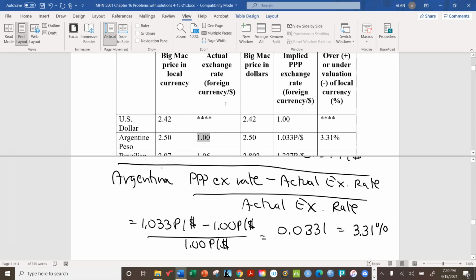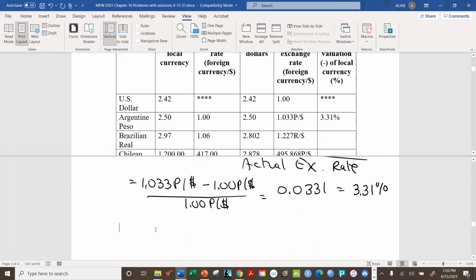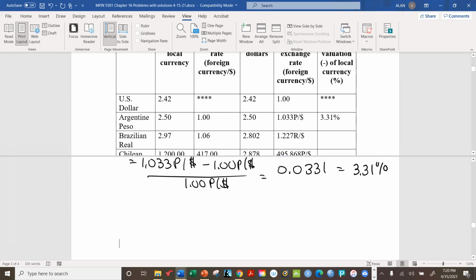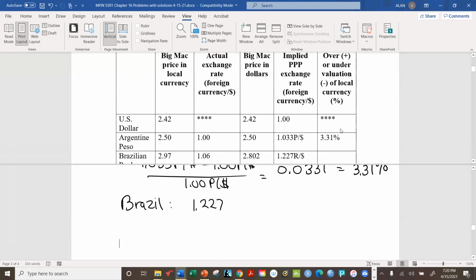All right, so we'll do the exact same thing for Brazil. All right, let's see what that works out to. So remember, what you're doing is you're taking the implied exchange rate, according to PPP, that is.